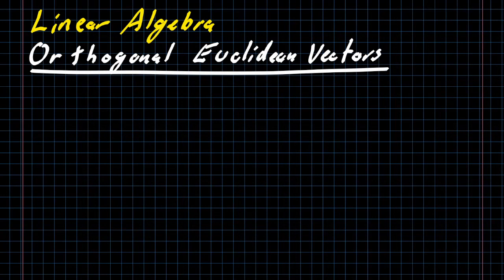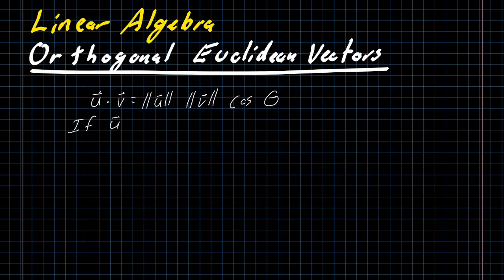You might remember that for planar vectors, the angle between those vectors is defined: u dot v is equal to the magnitude of u times the magnitude of v times the cosine of theta, the angle between them.